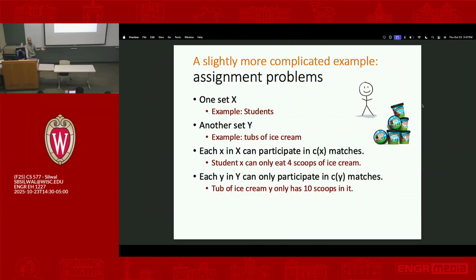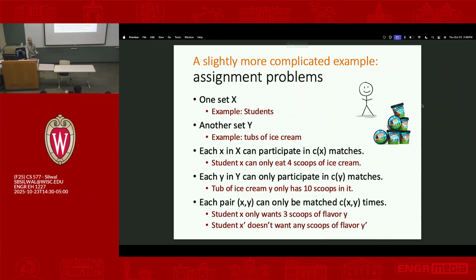Some students really love ice cream and want a lot of scoops, and some are just happy with 1 scoop. Of course, every container of ice cream has a certain number of scoops. And the students also have preferences. I may want to eat 4 scoops of ice cream, but at most 2 of them can be chocolate. I like chocolate, but not that much, so at most 2 chocolate, okay?